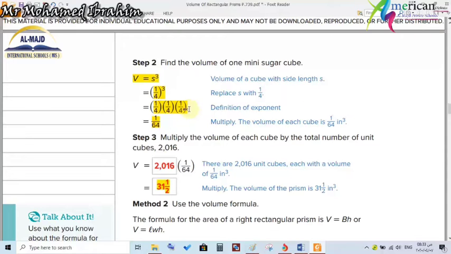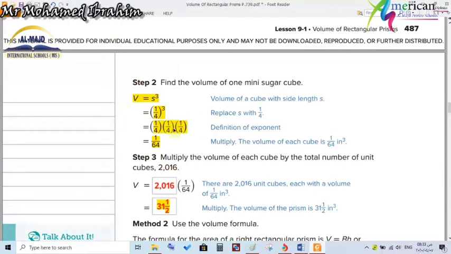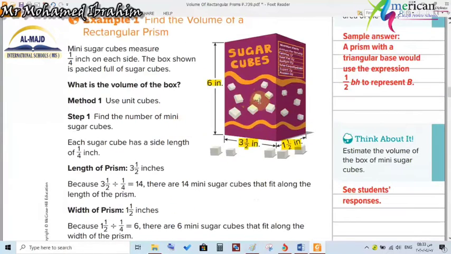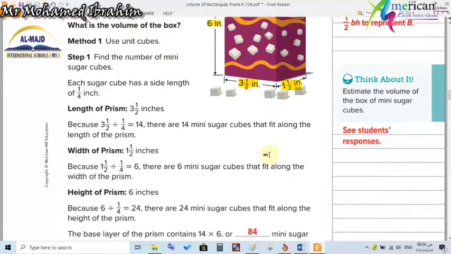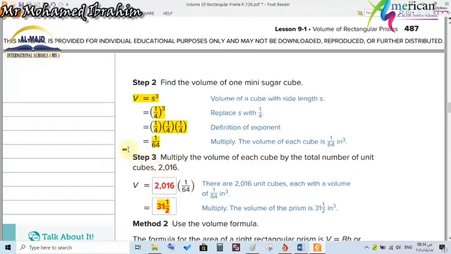Because, as you see here, the sugar cube is not like the rectangle; the three dimensions are equal. Length equals width equals height in any cube. So 1/4 times 1/4 times 1/4 gives you, very good, 1/64. So the volume is 1/64.